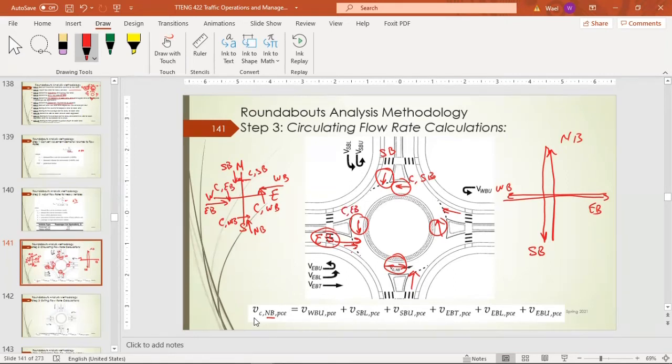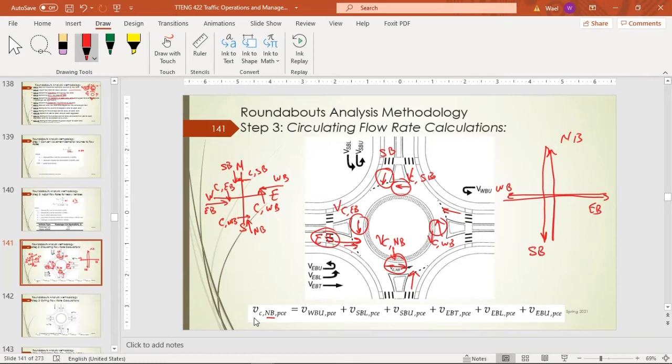This is C southbound. This is C westbound. And this is C northbound. So the conflicting VC, I'm sorry, C is for capacity, but here that's conflicting volume.